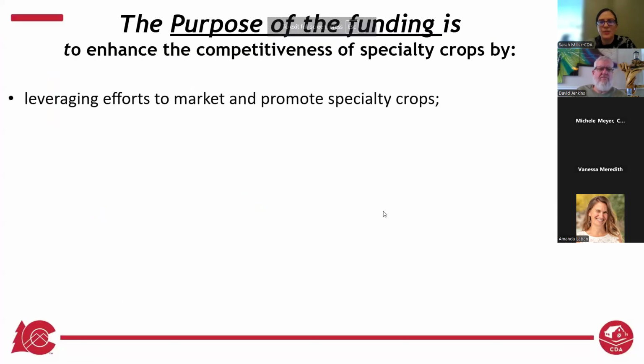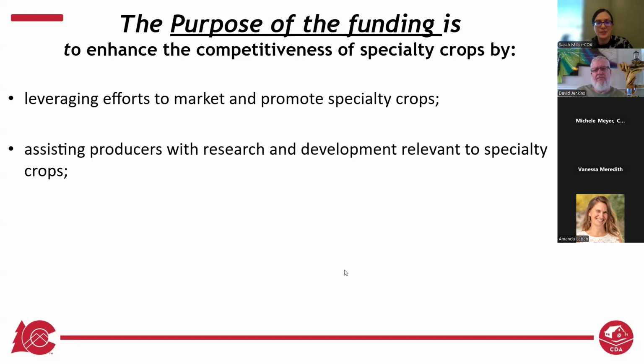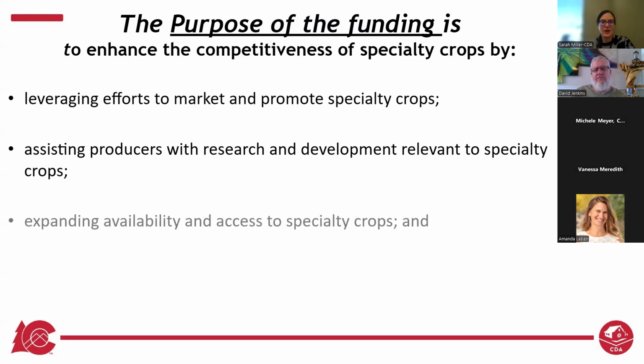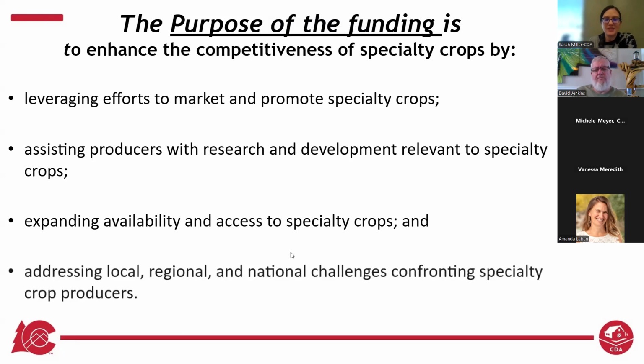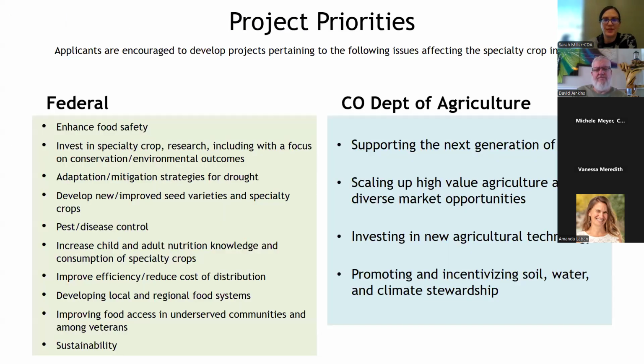So the purpose of the grant program is to enhance the competitiveness of specialty crops by leveraging efforts to market and promote specialty crops, assisting producers with research and development relevant to specialty crops, expanding availability and access, as well as addressing local, regional, and national challenges confronting specialty crop producers. So here are some of the priorities. Applicants are encouraged to develop projects around the following issues that affect the specialty crop industry.